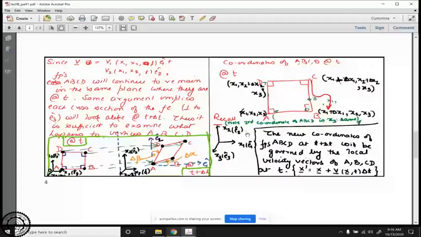Now, the new coordinates of fluid particles A, B, C, D at t plus delta t will be governed by the local velocity vectors of the fluid particles at time t.